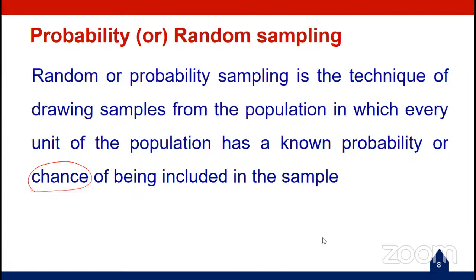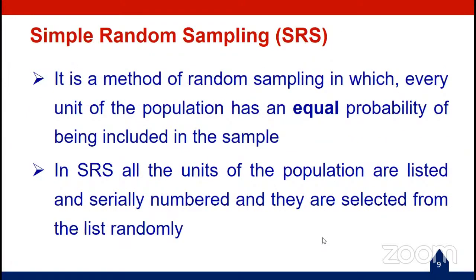In random sampling, the first sampling method which we would be discussing is simple random sampling. It is the most basic method of random sampling.